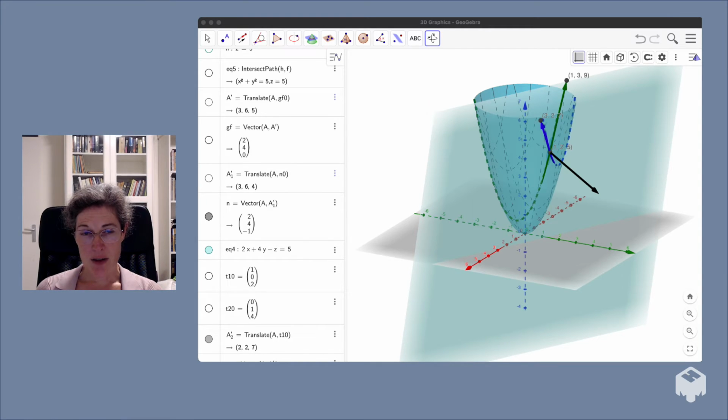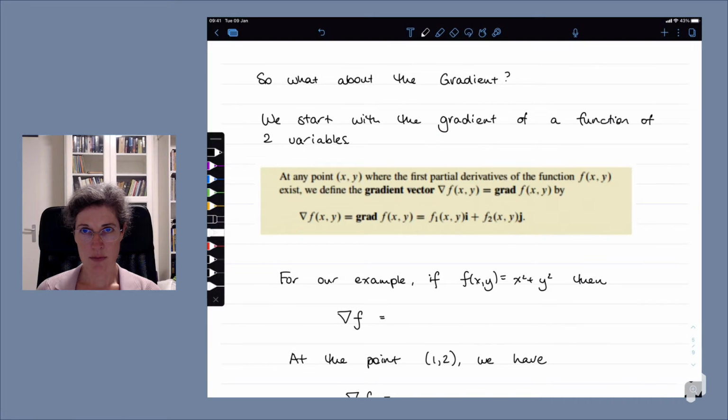What happens next? Well, next we're going to look at the gradient and see that there are actually a lot of overlaps between the two. And in fact, you can use the gradient to find the tangent, to find the normal, and vice versa. So heading back to the notes. Okay, so just to remind you, we're going to start by defining our gradient for a function of two variables, so something like the one we've just been working with.